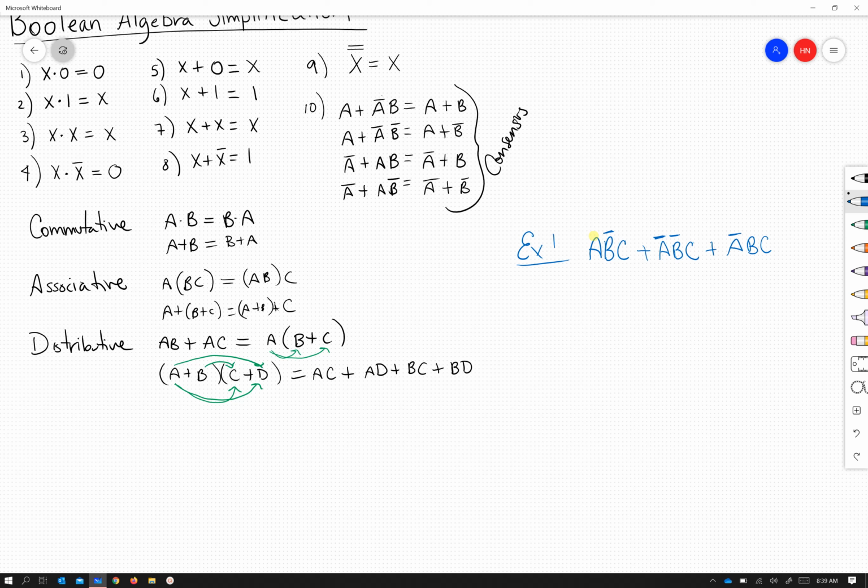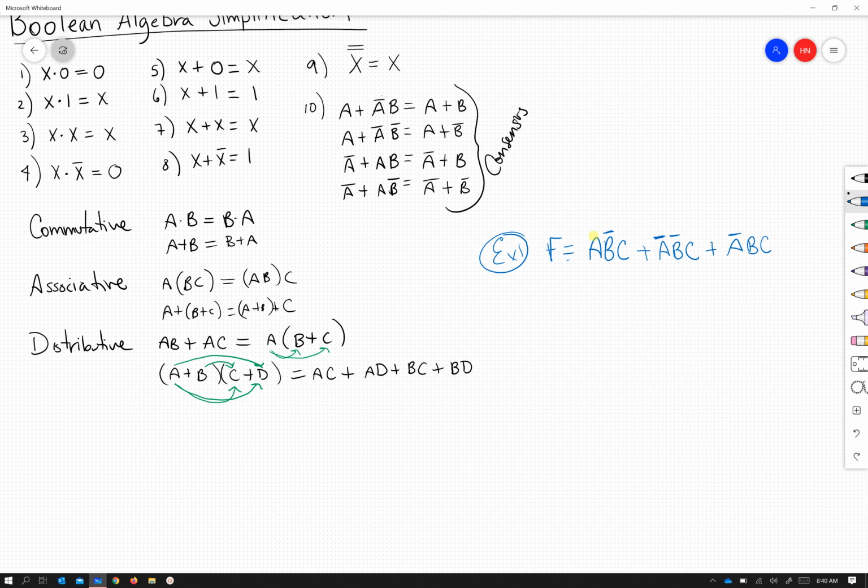This is a function, F equals, where the output turns on whenever those 3 minterms are on. Remember, this assumes you have already seen the design process and you know that after the truth table, you extract the minterm equation. And let's say there are 3 minterms, and this is what you have.